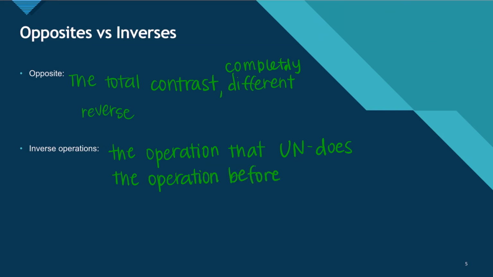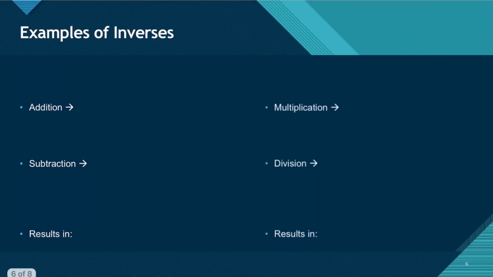I bring this up because the way most of my students remember inverse is just like the opposite operation, which I don't totally love because it doesn't describe exactly what an inverse does. The inverse completely undoes it. We know that addition and subtraction are opposites, but the reason they're inverses is because if I add 5 and then I subtract 5, it's like it never happened at all. That's really what an inverse does: it completely undoes the other operation.